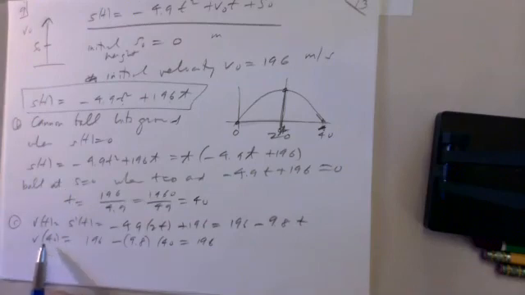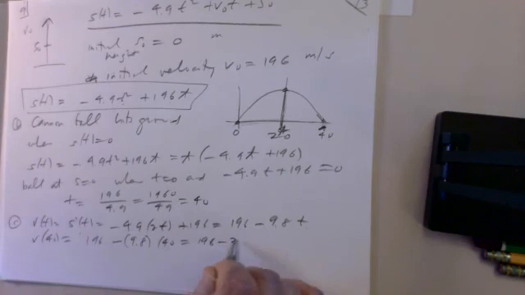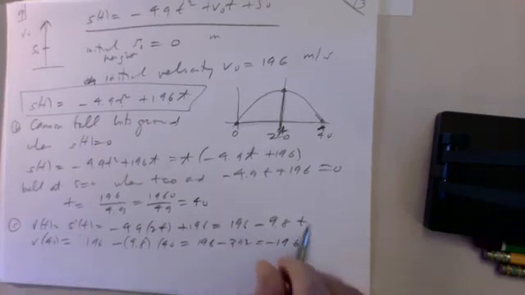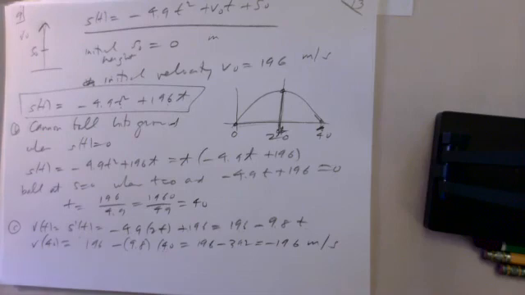If it hits the ground after 40 seconds, then the velocity at time 40 is 196 minus 9.8 times 40, which is what? 98 times 4 is 392. So that's minus 196. So it's traveling at minus 196 meters per second when it hits the ground.